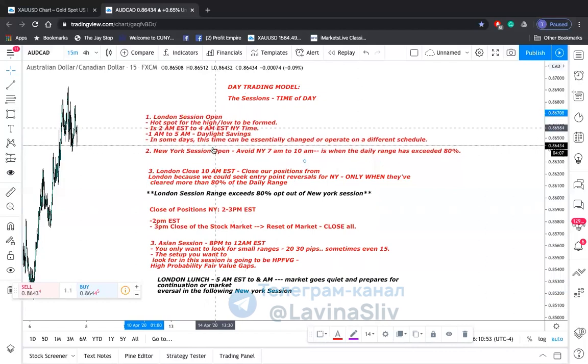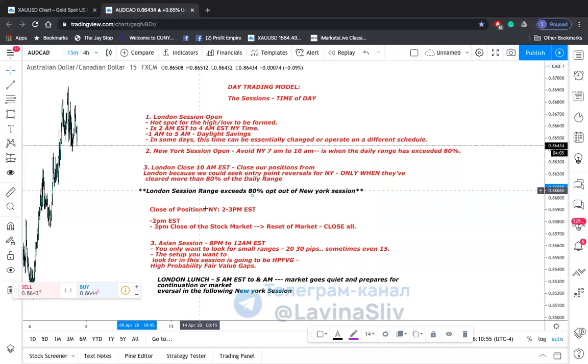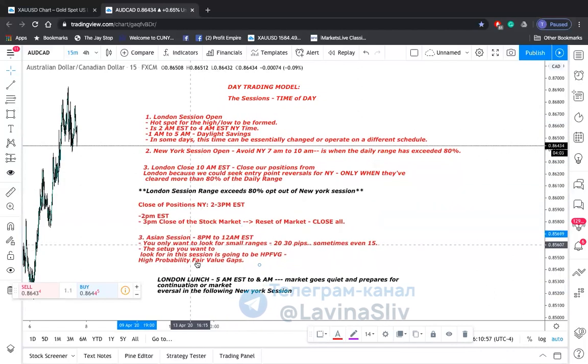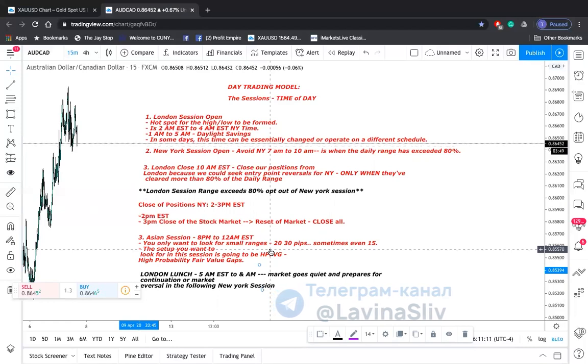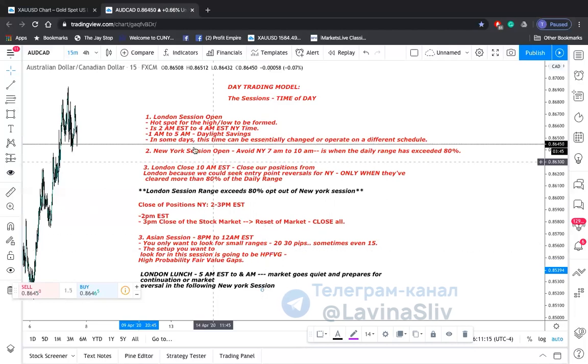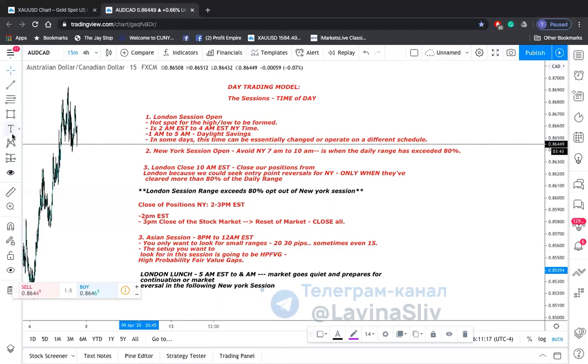Now, for the sessions, you want to trade mainly based on direction. And on these sessions as well, you want to note that there are going to be days of the week that you should be trading. The first day of the week, Sunday, you want to opt out because the daily range is going to be too small on Sunday.